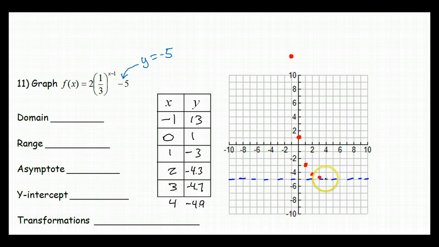And then 4 is -4.9, which is pretty much, it's going to appear to be on the line. So when you graph it, I'm going to be connecting these dots, but start from the edge of the graph. On the right hand side, it's going to appear to trace the line. But we know that it doesn't actually touch.